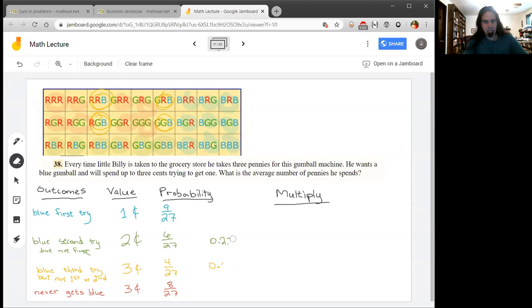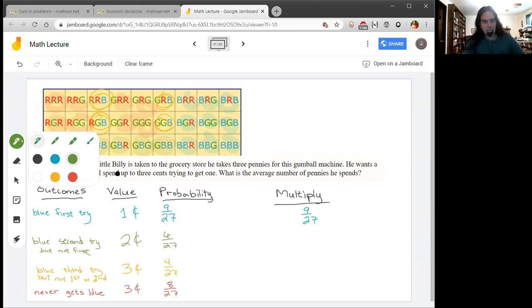If fraction math isn't bad, then 1 times 9 is 9. 2 times 6 is 12. 3 times 4 is also 12. 3 times 8 is 24.